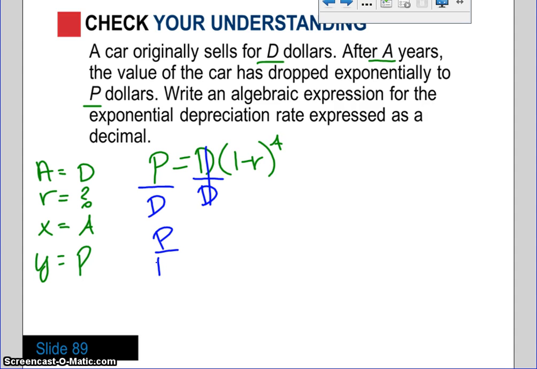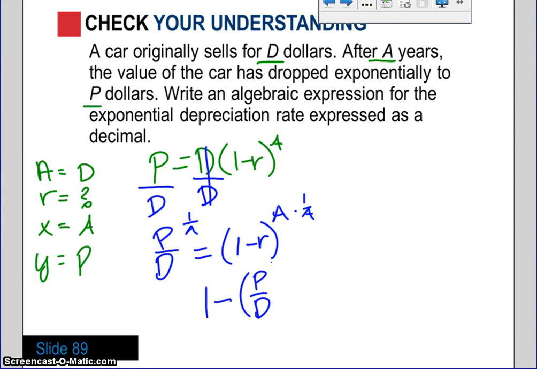So I have p over d equals 1 minus r to the a power. Next I'm going to multiply both sides by 1 over a. And my final answer, I end up with 1 minus p over d to the 1 over a. And there we go.